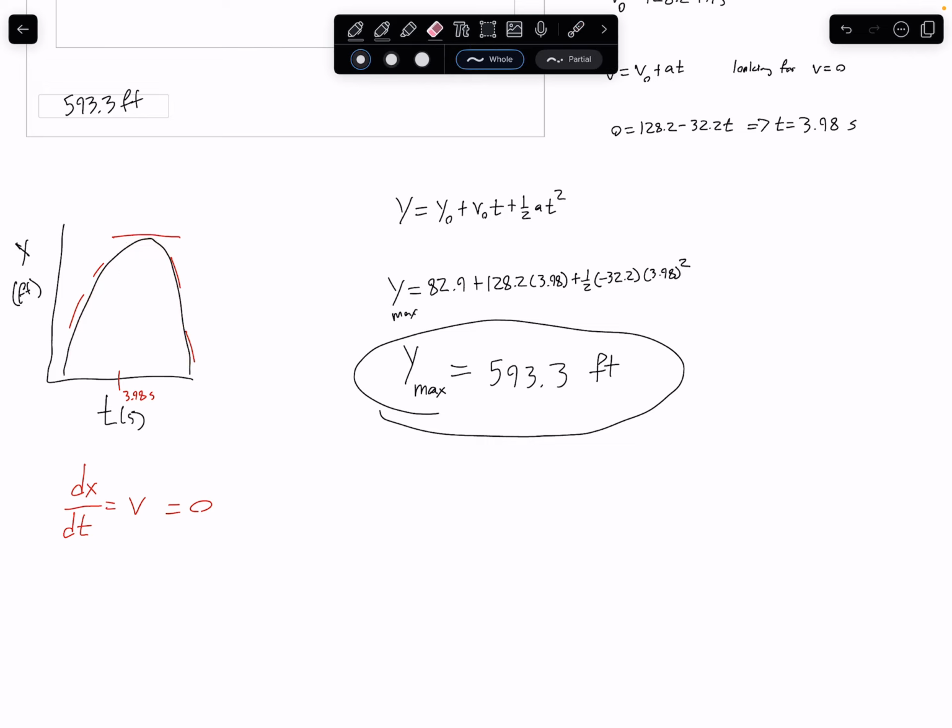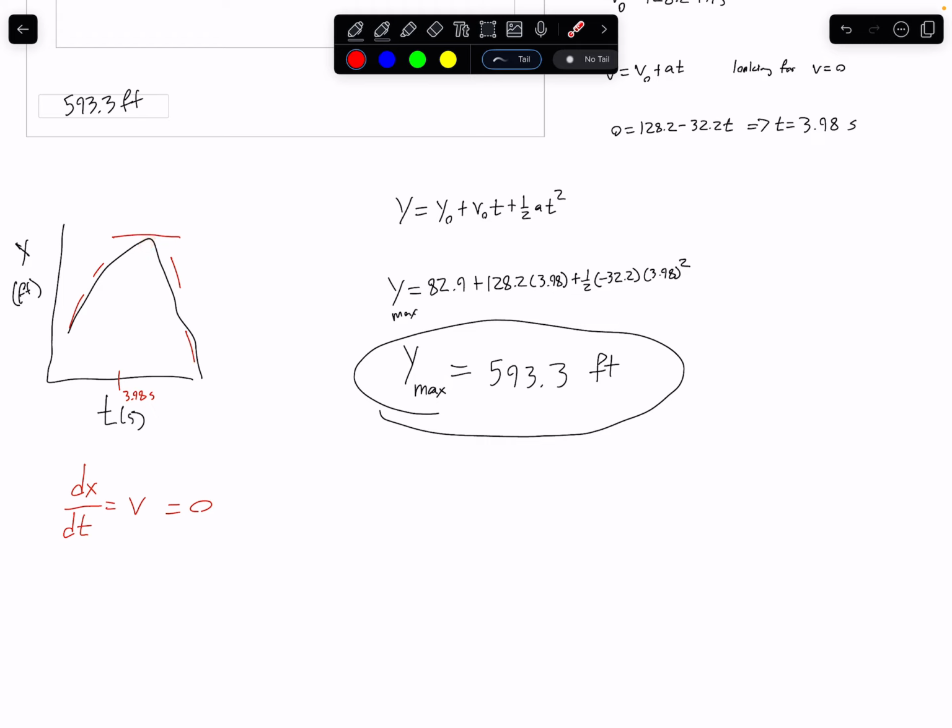Technically it doesn't start until up here because of y0, but you get the general gist of it. At the top here, we know that velocity is the derivative of the position function with respect to time. So when the derivative, or the slope, is equal to 0, that means the velocity is equal to 0, and that is the max height right there.